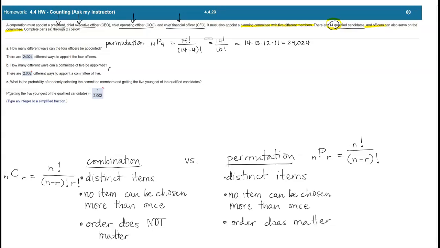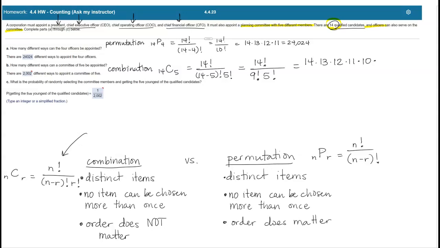So we're taking 14 items and we want to combine, make a group of 5 of them. I'm now going to use this formula where I have 14 factorial divided by 14 minus 5 factorial multiplied by 5 factorial in the denominator. So this is 14 factorial over 9 factorial multiplied by 5 factorial. I would start writing this out as 14 times 13 times 12 times 11 times 10 times 9, and I would stop at the 9 and just leave that as a factorial.